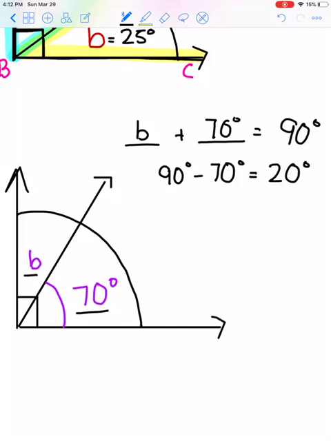So I know that B equals 20 degrees. And the only way I know how to solve this is because I know that this is a right angle. And a right angle has a measure of 90 degrees. So these are two examples of the complementary angles.